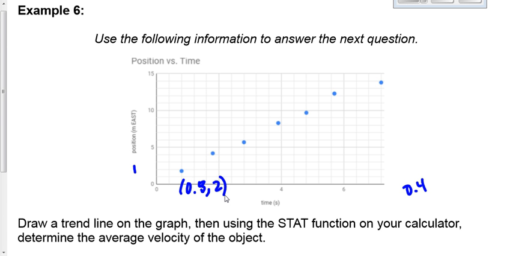My next one would be, what is that? This would be 1.6, 1.8, so 1.8 and 4. This one is 2, 2.4, 2.8, and 6.